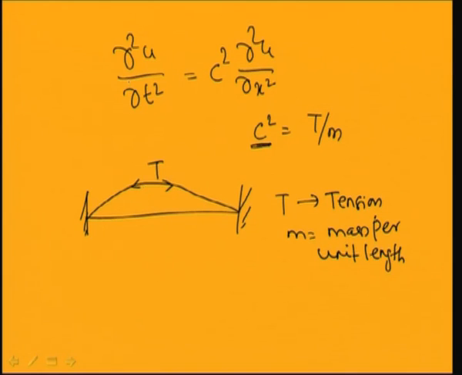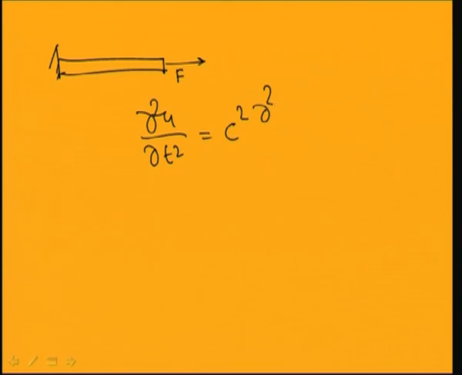So for the string we have already found the equation of motion in this form: del square u by del t square equal to c square del square u by del x square. Also for the longitudinal vibration of a rod we found the equation in the same form, where c square equal to E by rho, or c equal to root over E by rho.